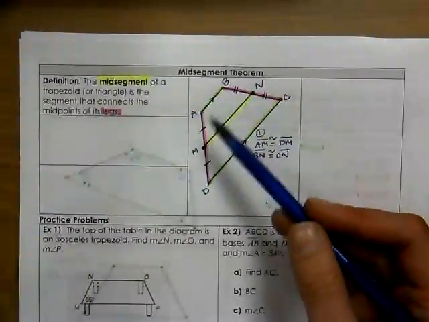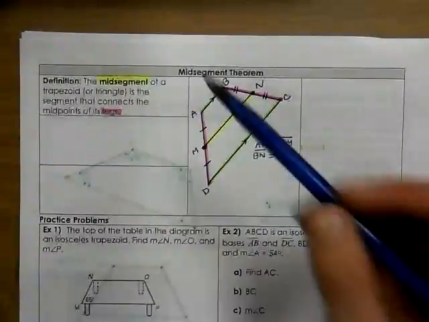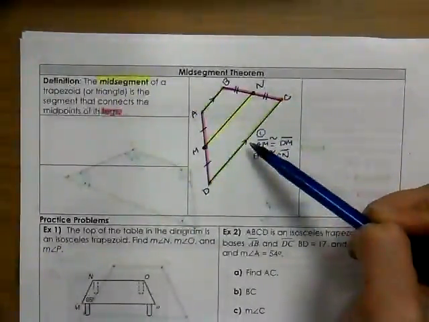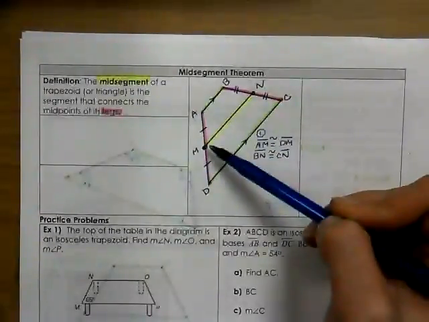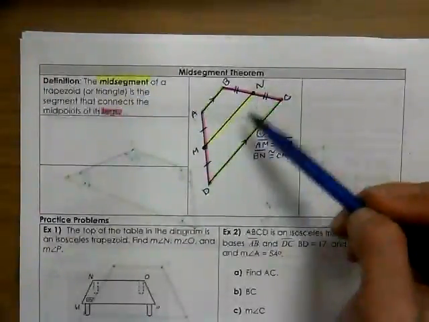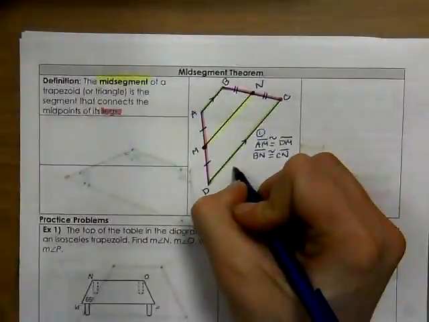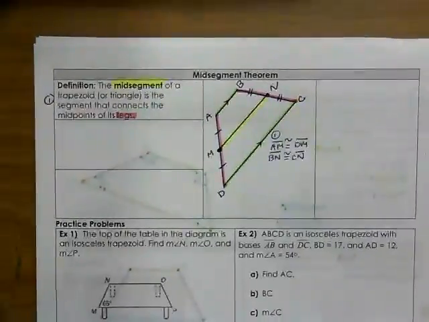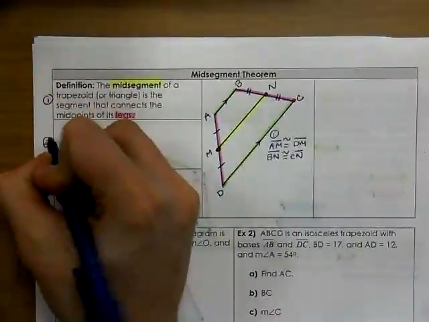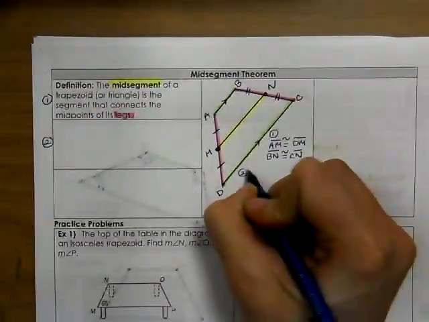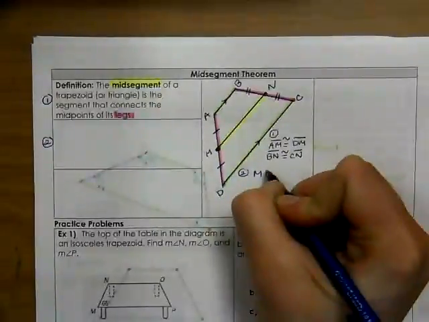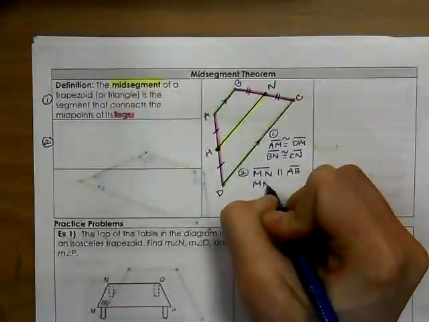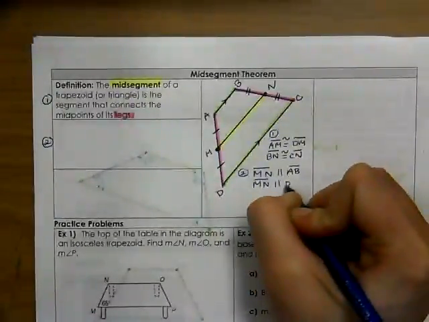In addition, based on the picture, we see that these two guys are parallel, and what I think looks true and happens to be true is that MN, the midsegment, is parallel to the bases. So, number one, that's just gotten from the definition. The second thing that looks to be true is that MN is parallel to both AB and DC.